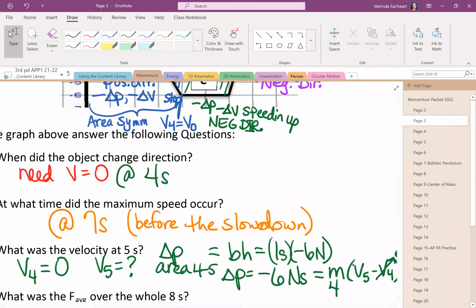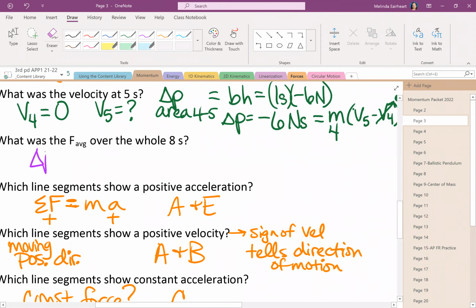And what does area tell us? Impulse. So here I'm going to start in our question. What if I get the total impulse from 0 to 8 and equate it to that average force for the whole thing times the total time of 8 seconds, right? We're looking for that force. We know the time is 8, so now we just need the total area. And here's where canceling can be your friend, okay? And I'm sorry, on page 4 that y'all are going to work on, it's not symmetrical.